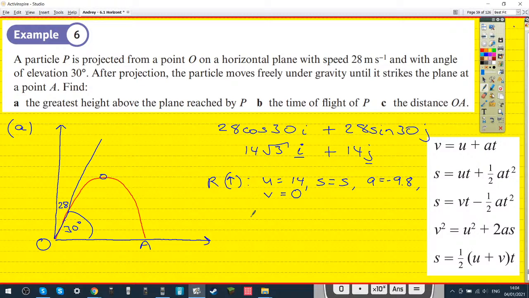Oh no, I can't, I haven't got T. But I could do V squared equals U squared plus 2AS. Yep. And so that'll be 0 squared equals 14 squared plus 2 times minus 9.8 times S.